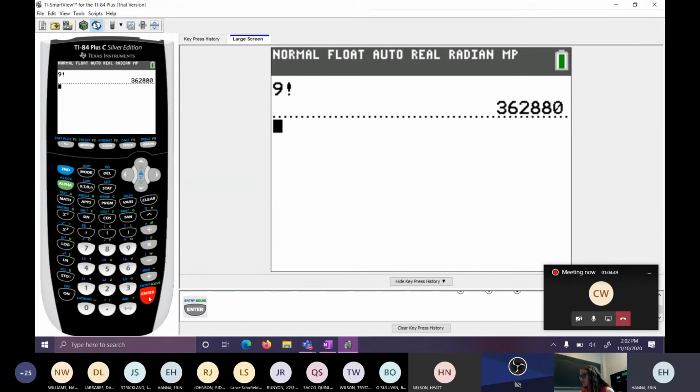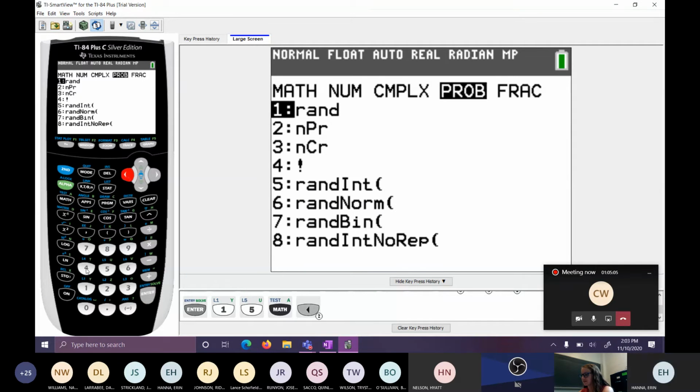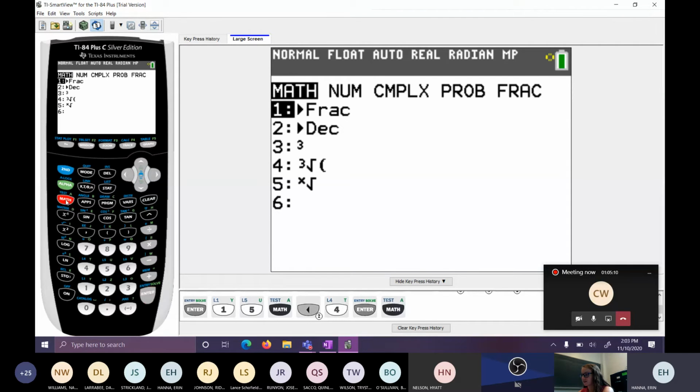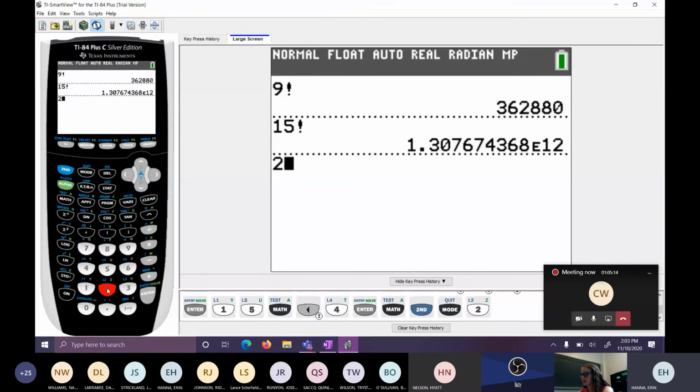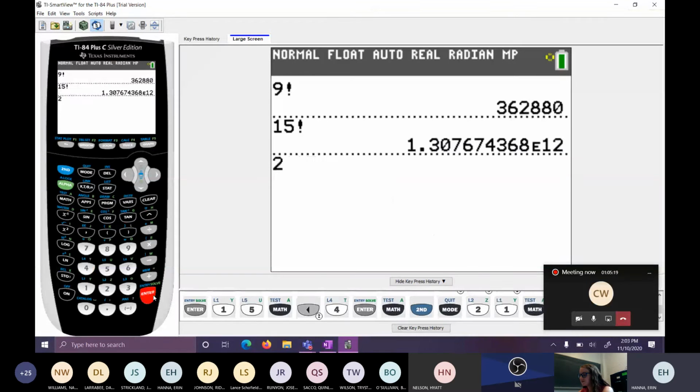So 9 factorial. Be careful though, because the factorial will overload the calculator very quickly. So like if I wanted to do, let me see how fast it overloads. Okay, well that's already writing in scientific notation. And I'm pretty sure if I go up to maybe 21. Oh no, interesting.